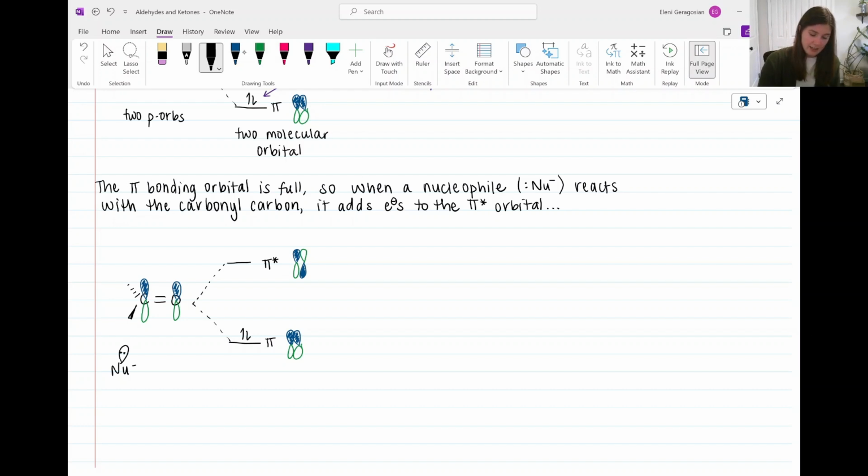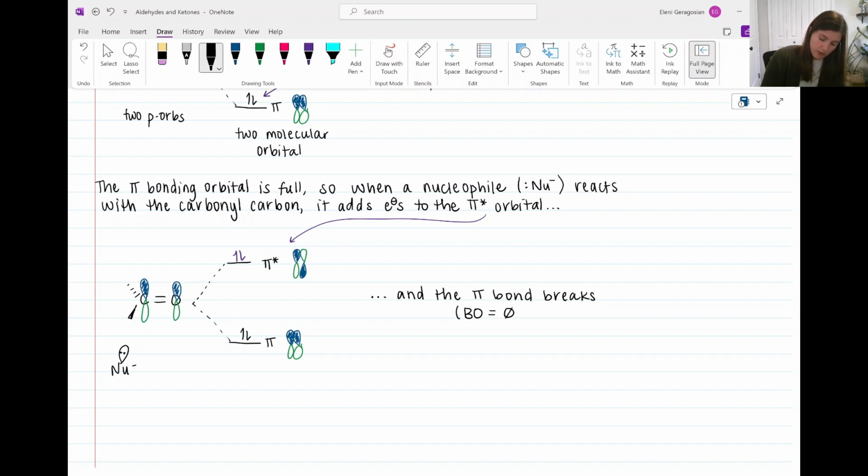So if we're adding electrons to the pi star orbital right there, we now have 2 electrons from the nucleophile. Now we have the same number of electrons in a bonding orbital as we do in an anti-bonding orbital. So when this occurs, the pi bond breaks. So here's the rest of the sentence: bond order is equal to 0.